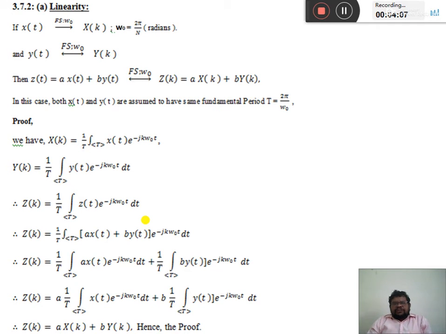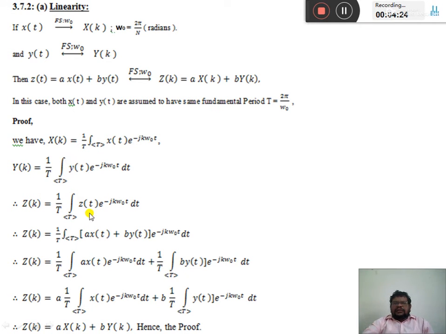Similarly, we represent Y of k in terms of the analysis equation as shown. It is similar, only x and y have changed. Similarly, for Z of k, because we need to find Z of k, it will have the equation as shown here.